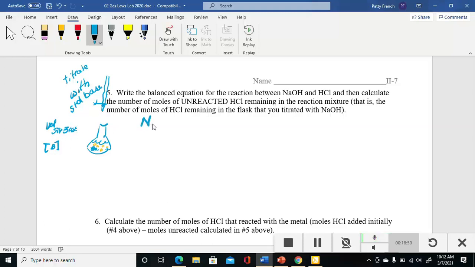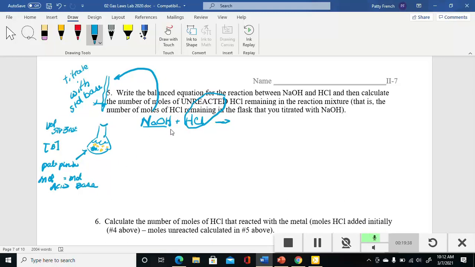Okay, so what good did that do us? Well, let's take a look at the stoichiometric reaction that we did. Remember, we're shooting for the number of moles of unreacted hydrochloric acid. And that is going to react with our NaOH that we're putting in from the burette. Remember, when this becomes a pale pink, at that point, our moles of acid equal moles of base.